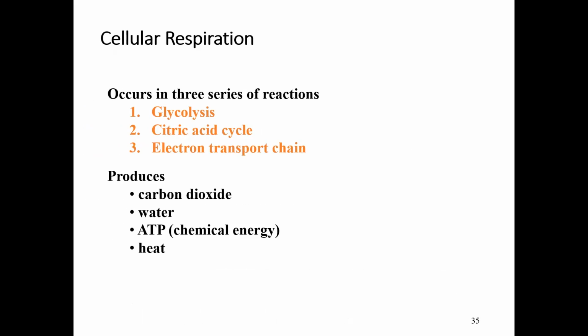The end result of cellular respiration is always going to be carbon dioxide, water, ATP, that's the chemical energy, and heat. 60% of the energy that we obtain from our nutrients goes off of our bodies as heat. It maintains our constant body temperature of 98.6, or 37 degrees Celsius.